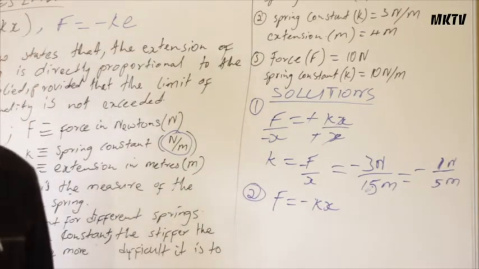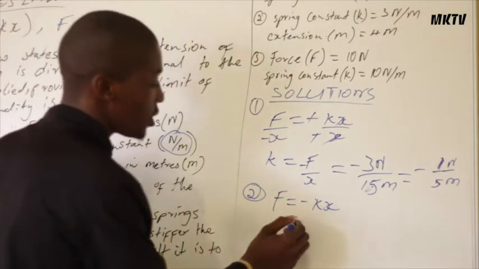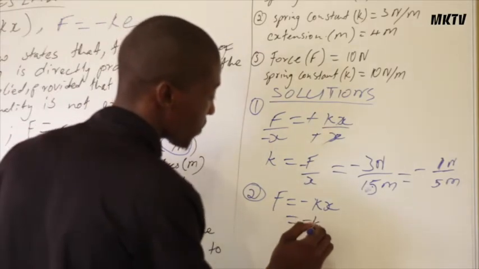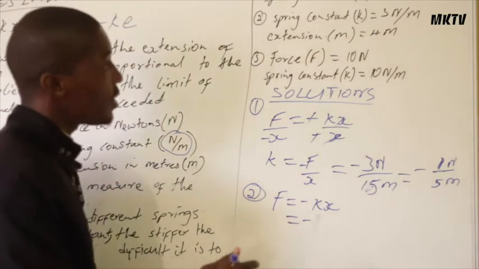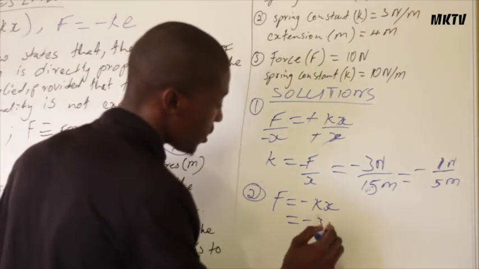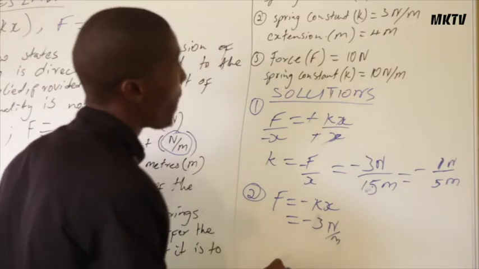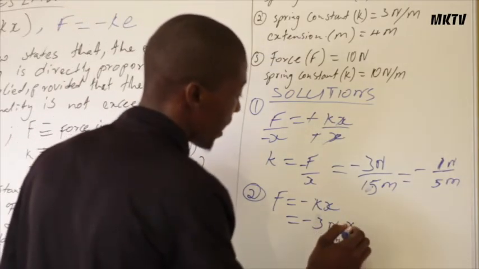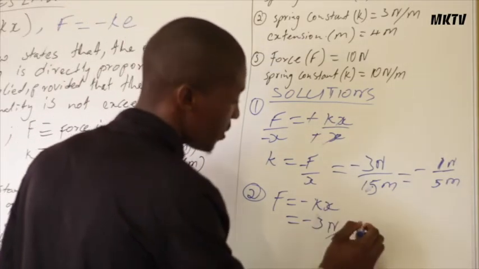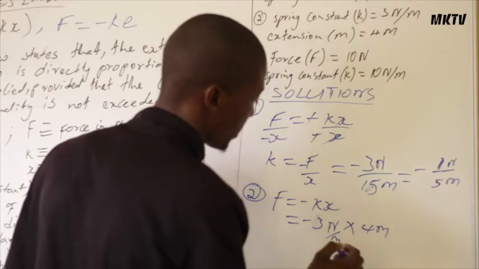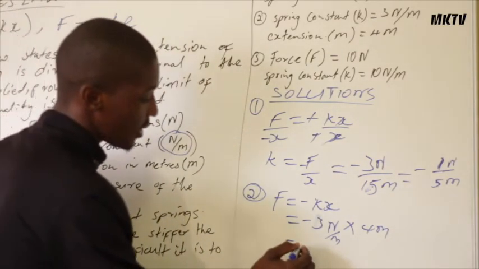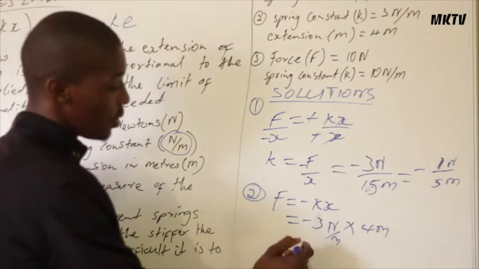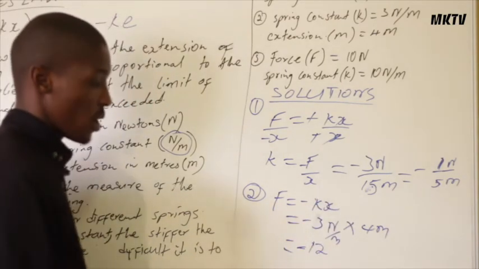So all we have to do is substitute our values. The k given is 3 newtons per meter multiplied by the extension being 4 meters. Then when multiplying, negative 3 times 4, we get negative 12.